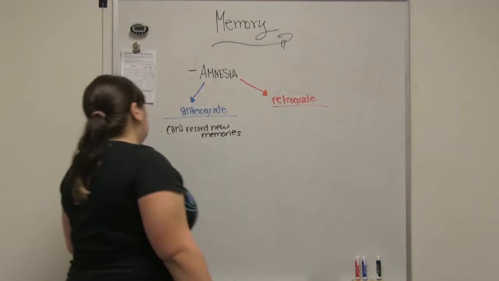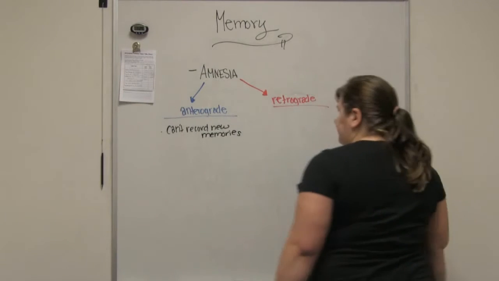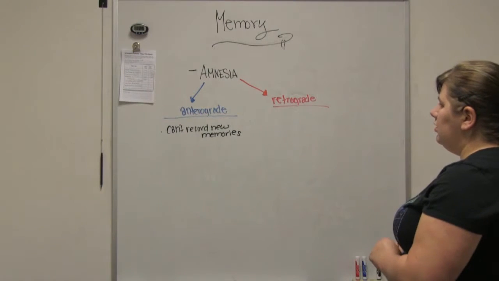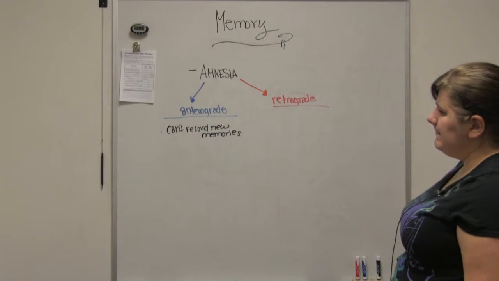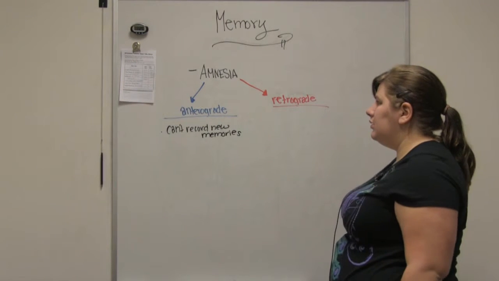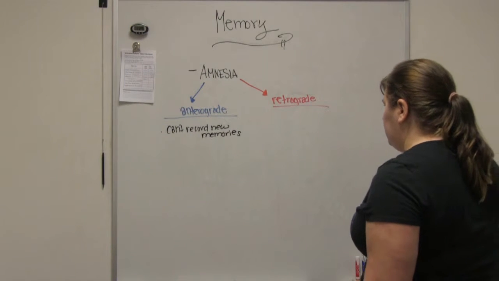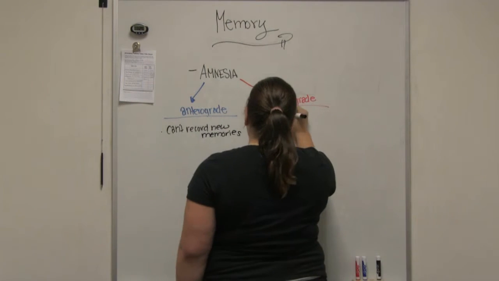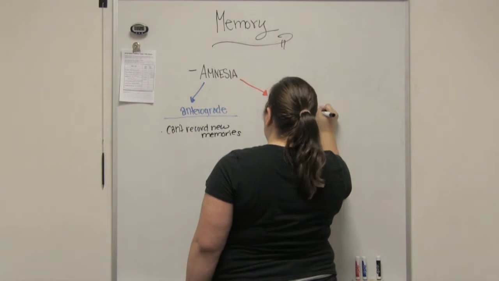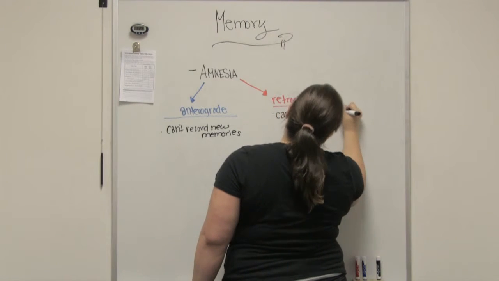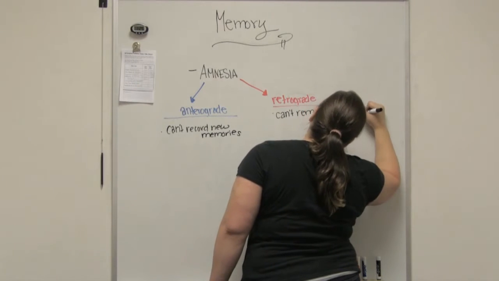Okay. What about retrograde amnesia? It's kind of similar, but it's an inability to get information from like the retrieval before a certain date. Yep, so we can't remember old memories.